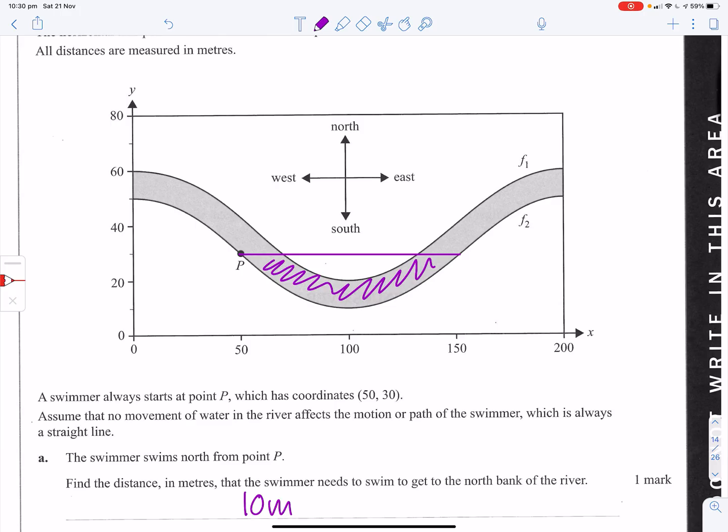What's the easiest way to do this? We could use that 2,000 and subtract that area and subtract that area. That might actually be easier. Is it hard to work out what that point is?